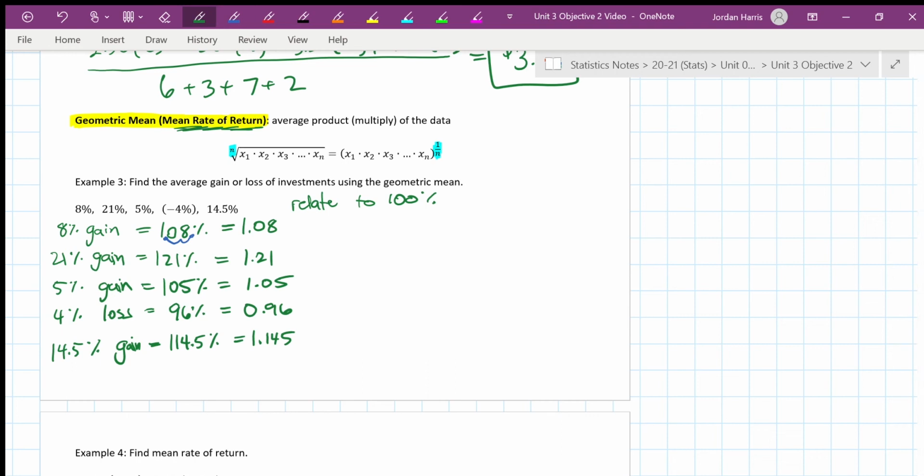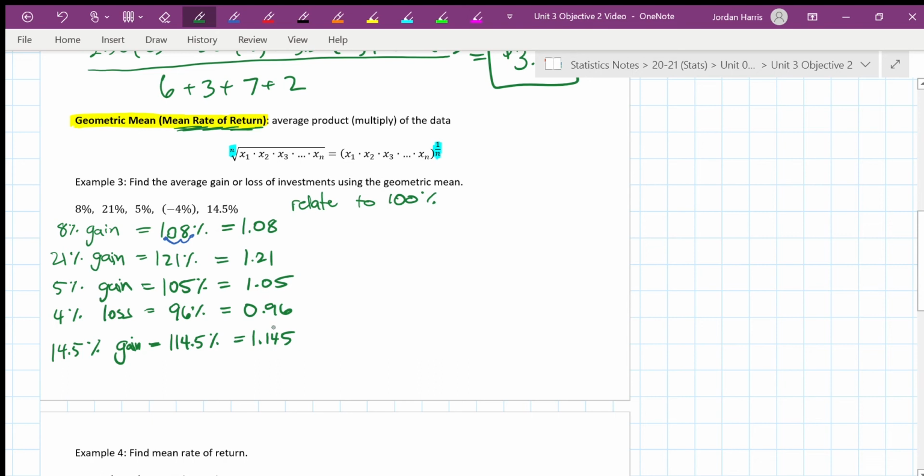Okay. Then I have to find the geometric mean. For the geometric mean, you multiply all the numbers. So I'm going to multiply all these decimals together and take the root based on the number of items I have.